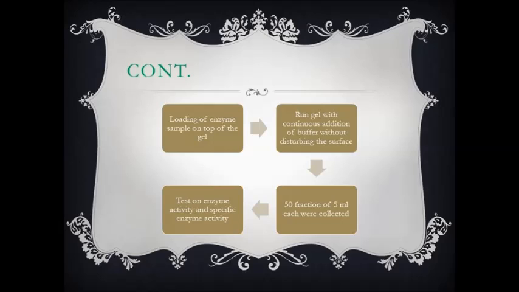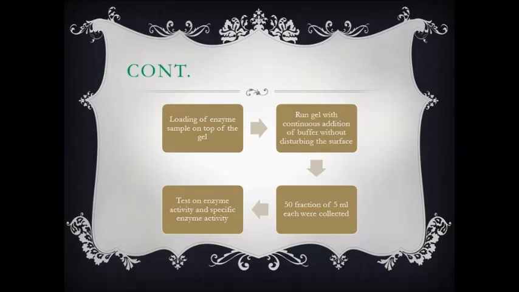Applying a mixture of blue dextran 2000 and bromophenol blue determined the void volume. 1 ml of the enzyme preparation sample was applied carefully to the top of the gel and allowed to pass into the gel by running the column. Buffer was added without disturbing the gel surface into the reservoir. 50 fractions were collected.